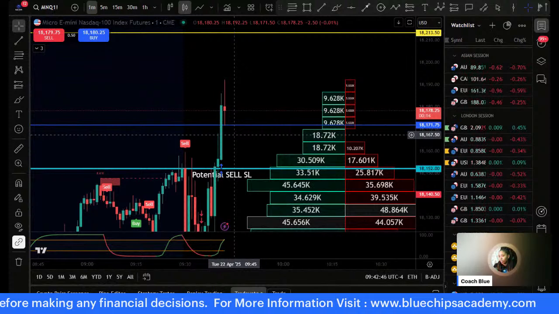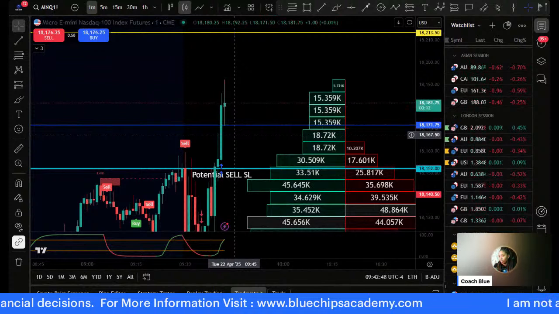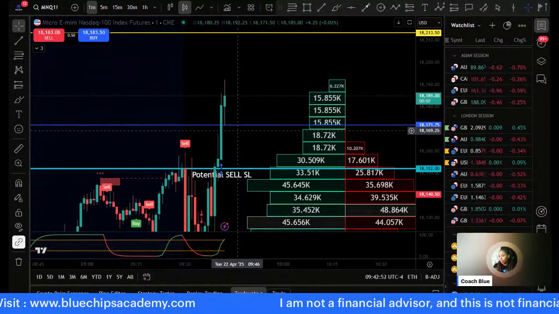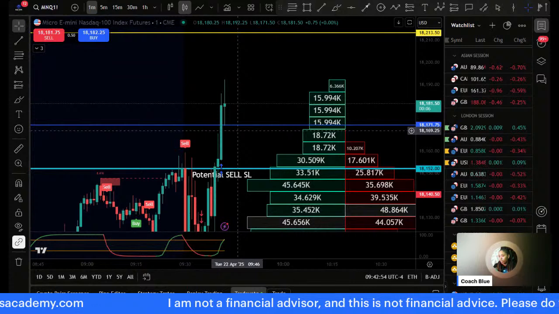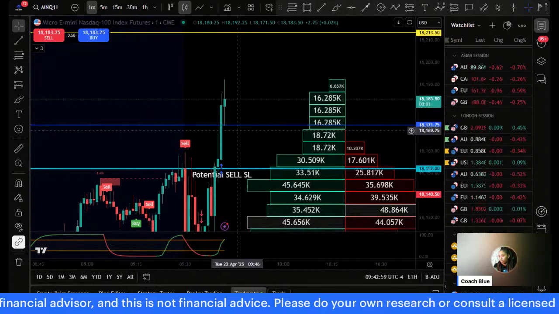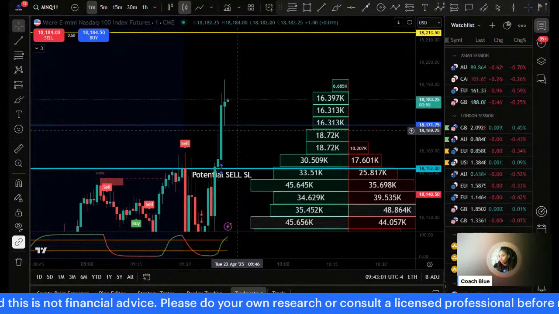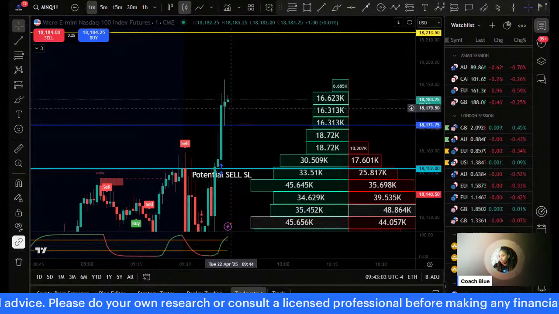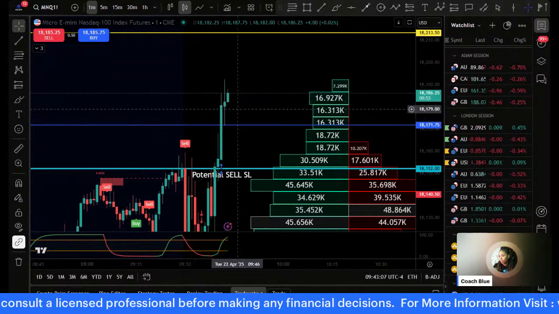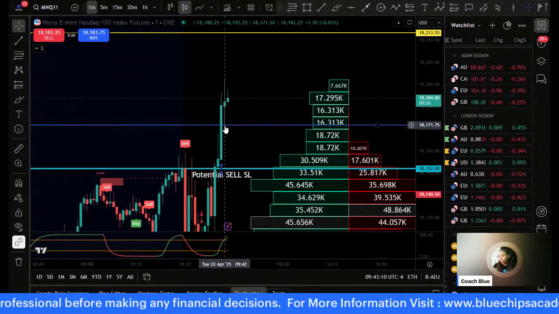Let's see if we can get some continuation. Okay. We got 10 seconds left, guys, on this candle right here. All right, so that's still considered. This is actually, let me see here, because it came back down here. Even though it didn't close red, it did pull back to this level.